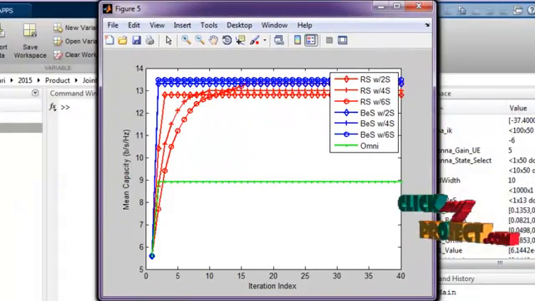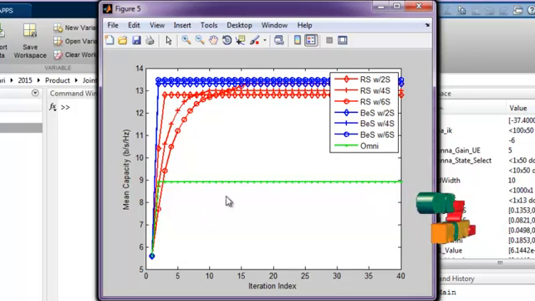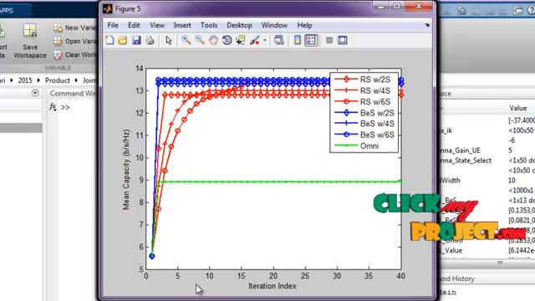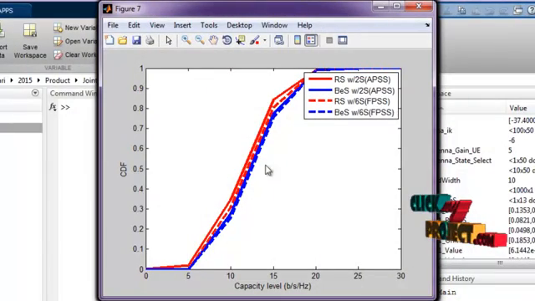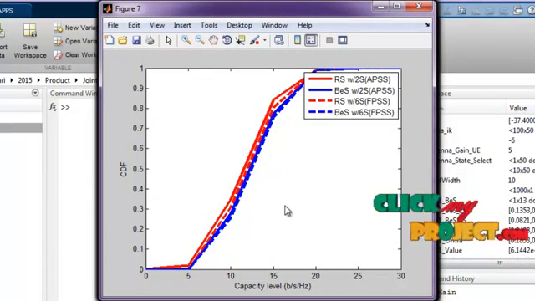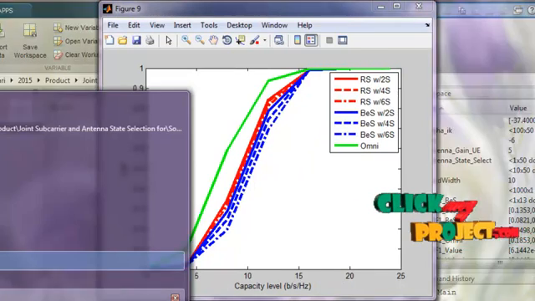And this is the mean capacity result for RS, BS and also omni by varying the iteration index. And this is the CDF graph for RS and BS with the cases 2s and 6s. In this we have used the APSS and FPSS responses.